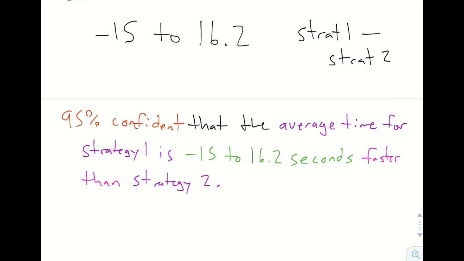When I look at this, if I had to say, is this statistically significant? Is one statistically significantly more than the other? My gut instinct is no. And the reason is because this interval right here spans 0. 0 is included, which means that the possibility of no difference is a very acceptable part of this confidence interval. So whenever you have negatives and positives in the same interval, generally you're going to say that there is no statistically significant difference.